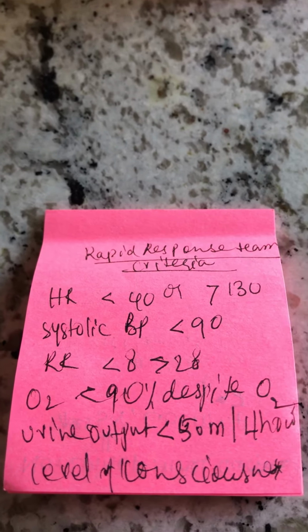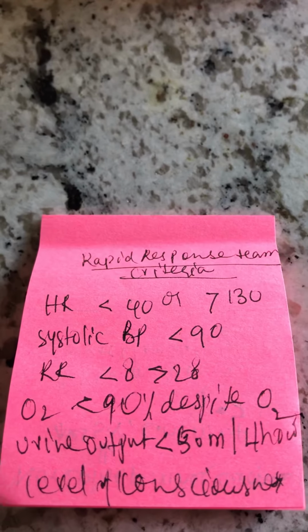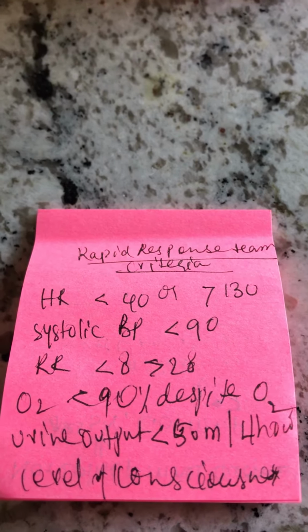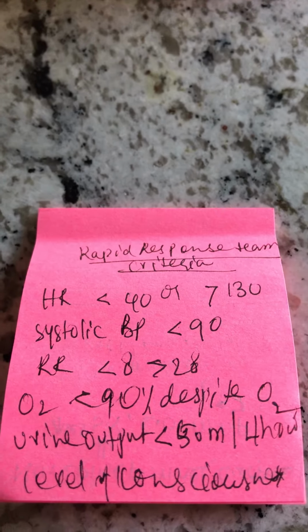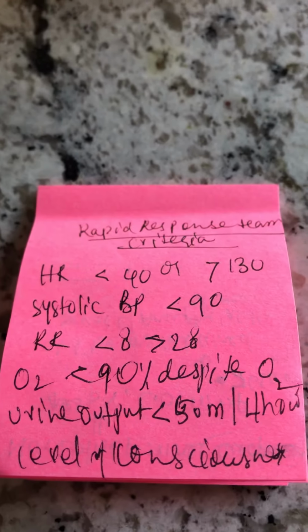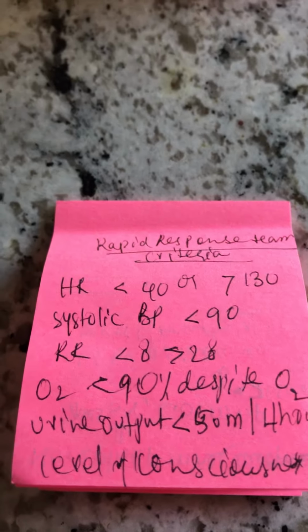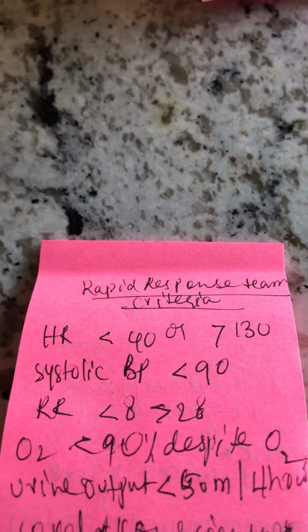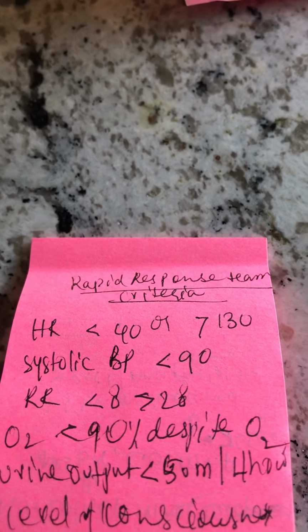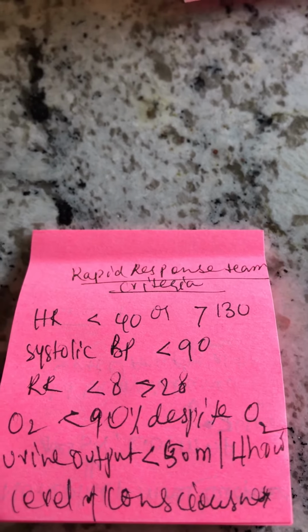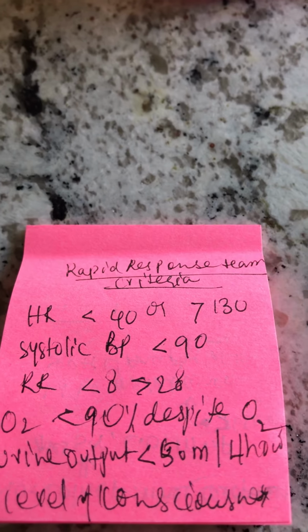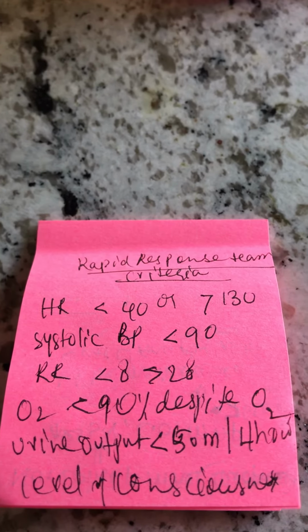Oxygen less than 90% despite oxygenation, and urine output less than 50 ml per 4 hours. We also should check level of consciousness. And one more criterion is if any physician or staff member is concerned or confused about the patient's condition, we can initiate the rapid response team.